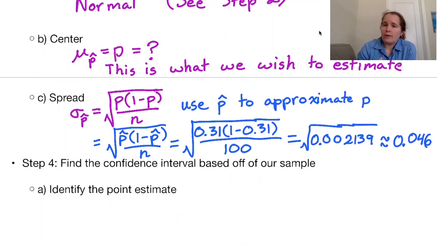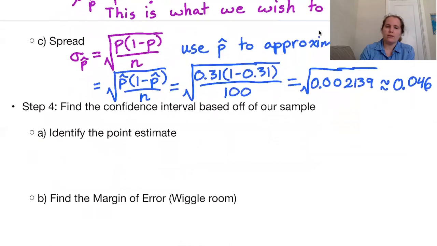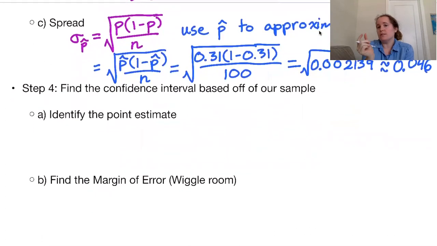The center is what we are trying to find or estimate. At this point, we have enough information to find our confidence interval. So the very first thing we need to do is find our point estimate. This is the base of our confidence interval, or the point we're taking our wiggle room from.